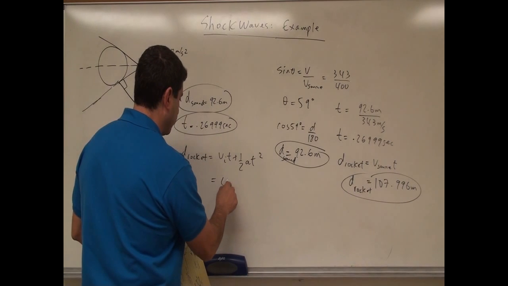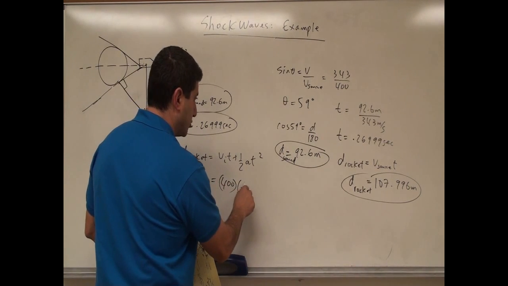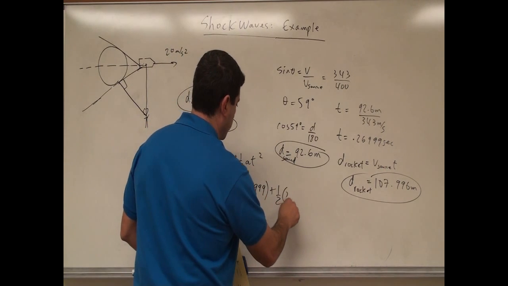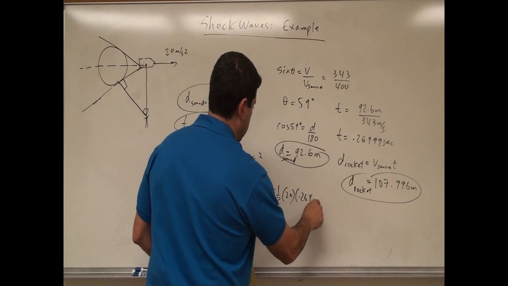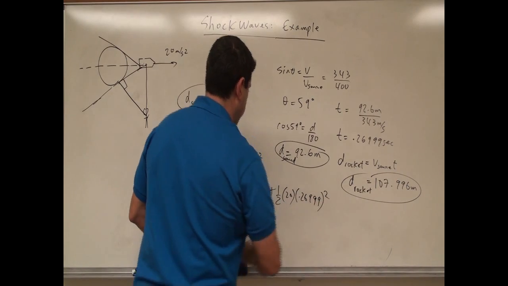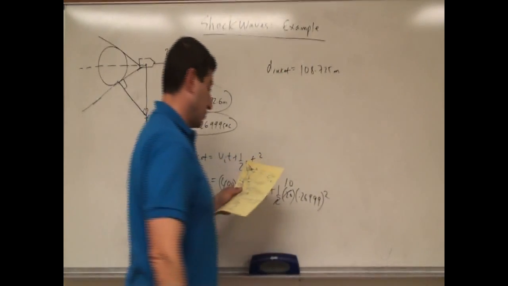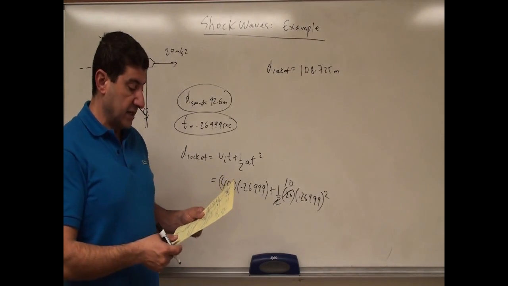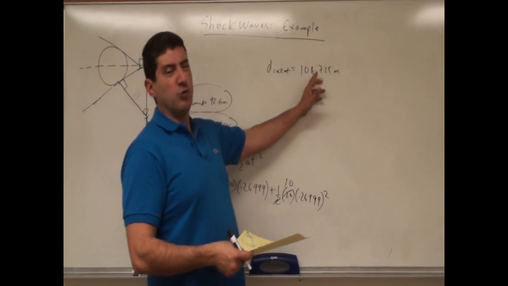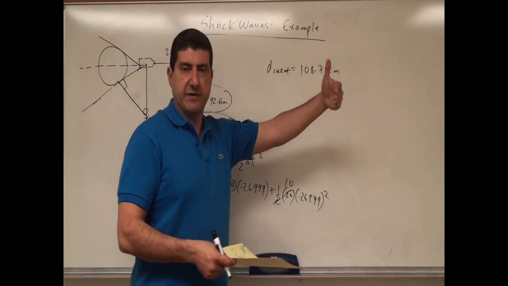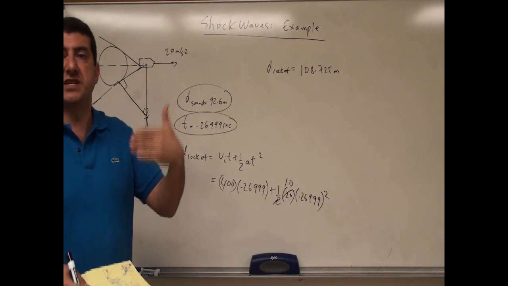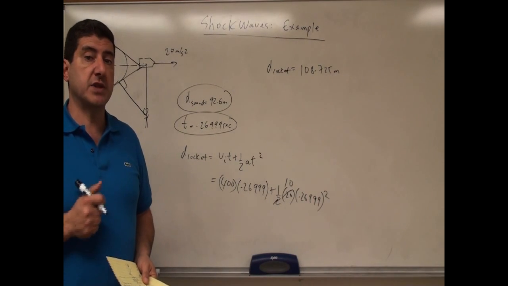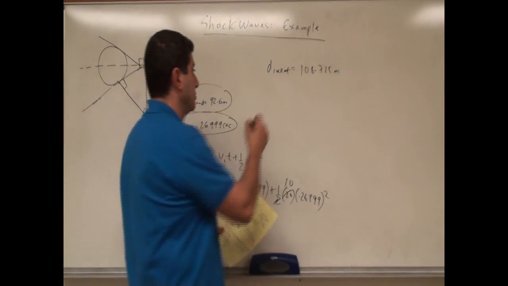So we say the initial velocity is 400 times 0.26999 plus half times 20 times 0.26999 squared, which gives about 108.7 meters, whereas the previous answer was 107.996 meters. So it's about 1 meter more. It's not that far more, but you can kind of see it is a larger number. And then what's going to happen to the half angle of the apex of the cone?